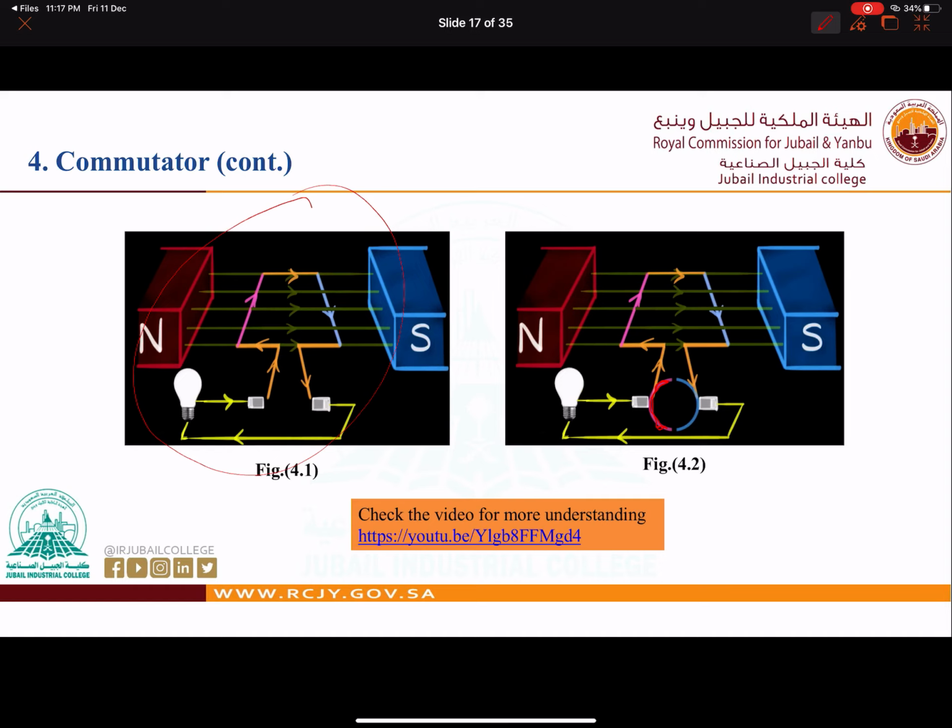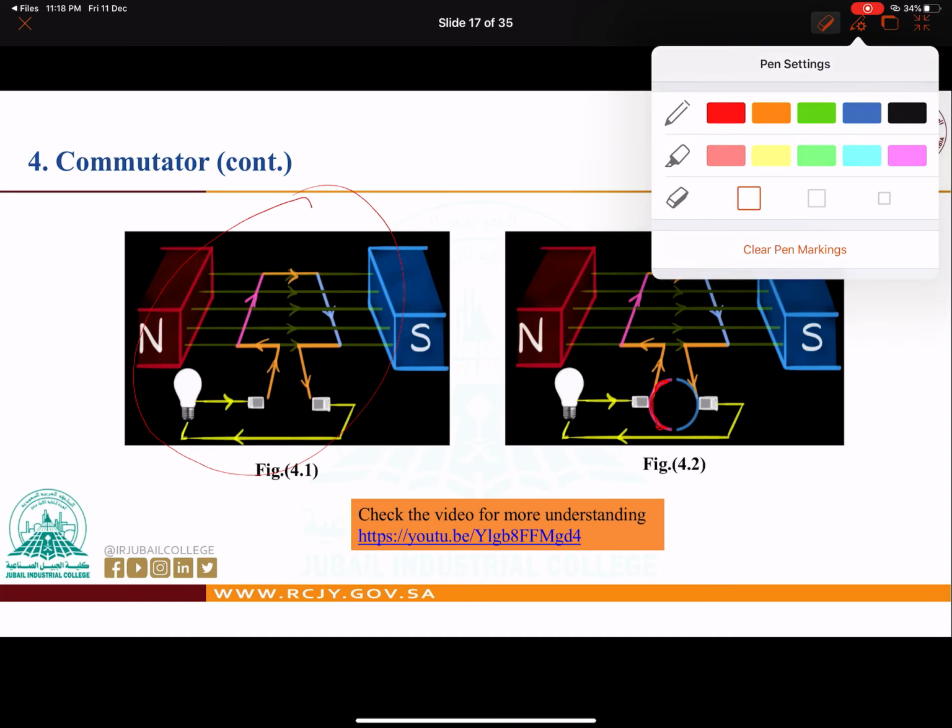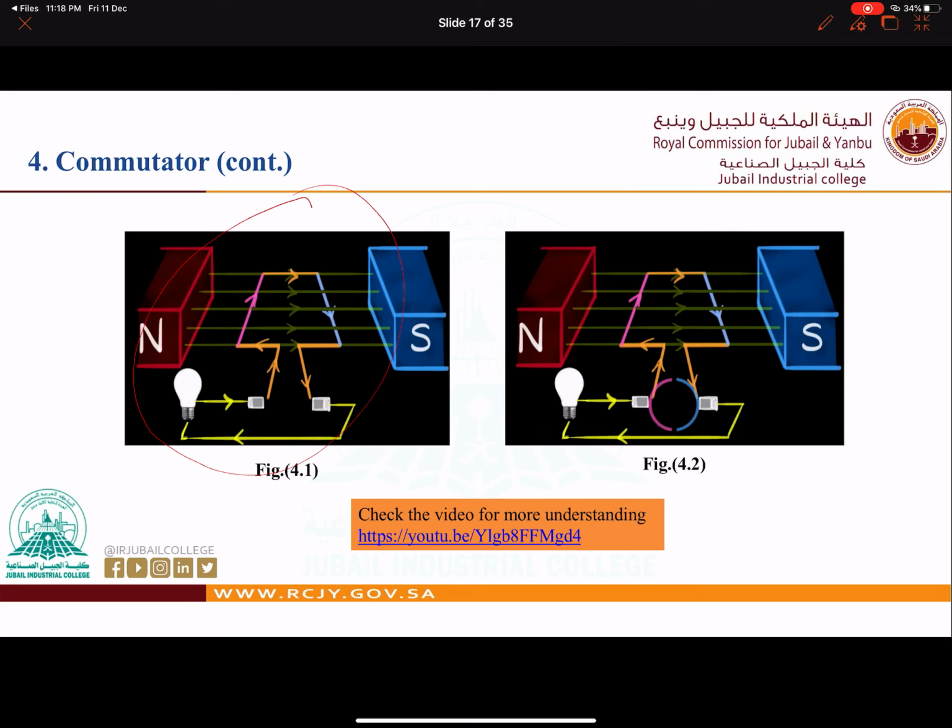As you can see here, the pink color is like this, so the direction of the current here is like this, and the direction of current here for the blue is here. Now, if this brush is moved, let us see the next slide.